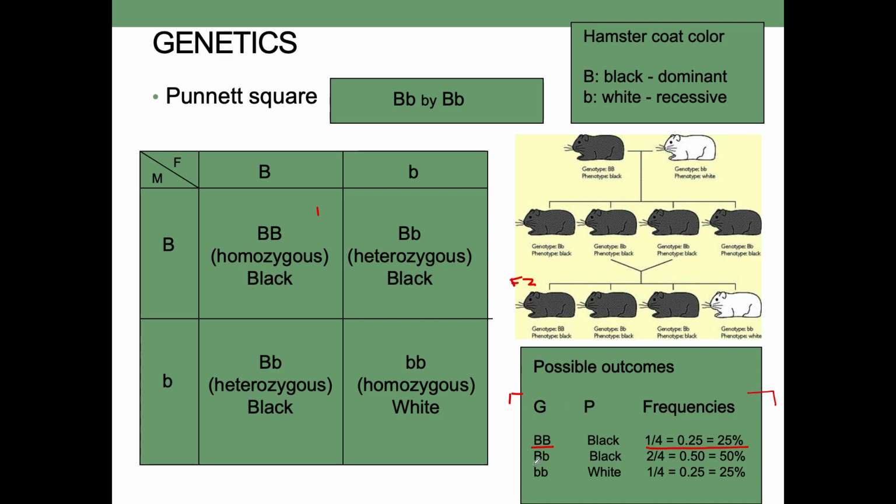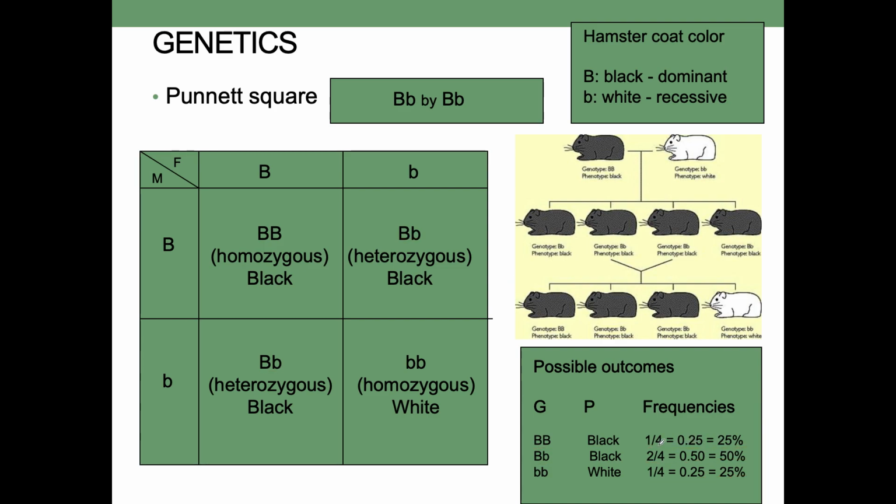For the heterozygous genotype, we have something different. We have two occurrences. And so two of the four, or 50% of the F2 generation, will have that genotype. And finally, for the homozygous recessive genotype, one out of four, or 25% of the population, will have that genotype.